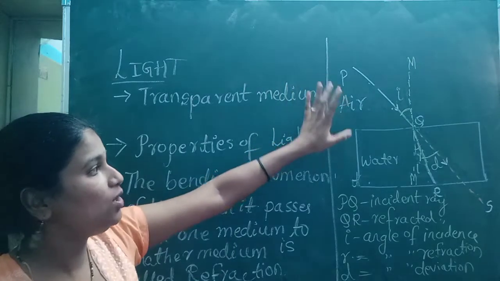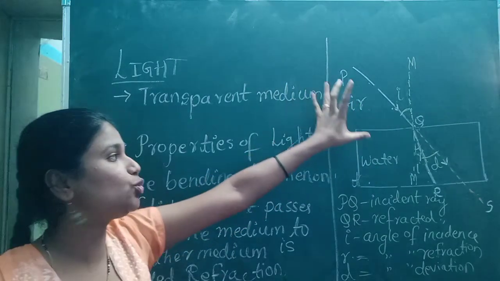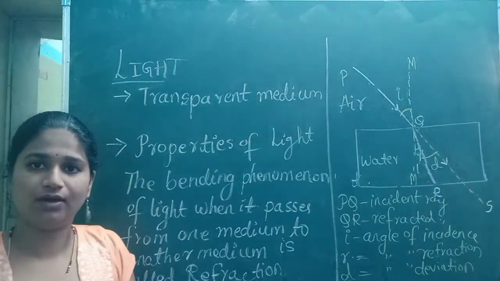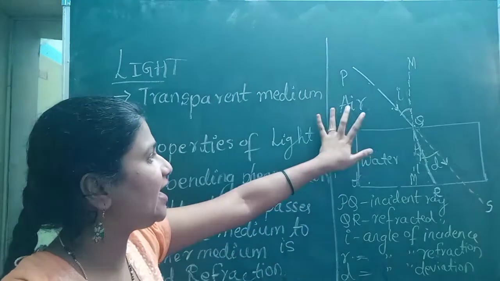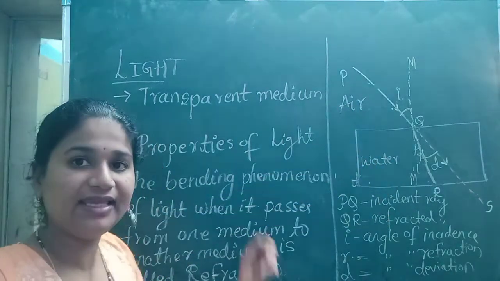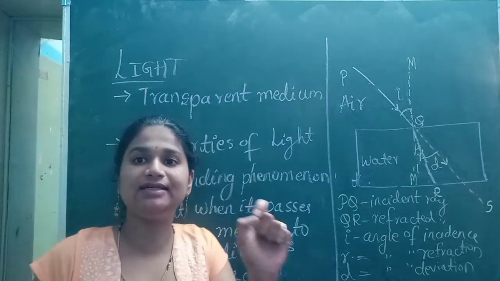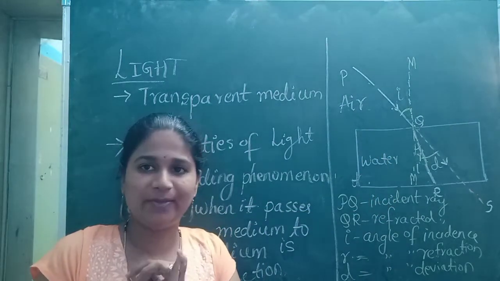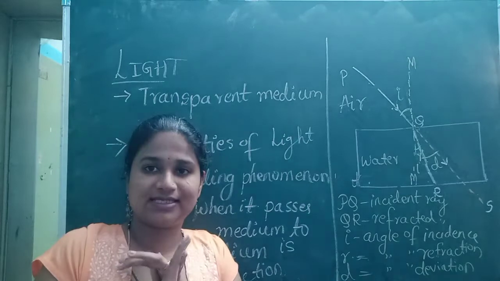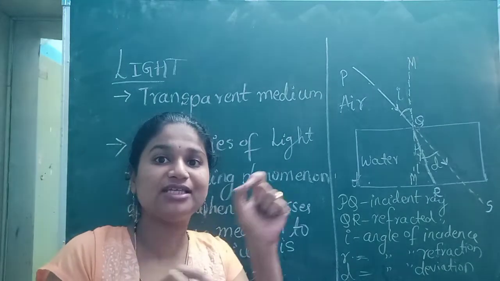So this is how refraction occurs with two transparent media. When I take air and water as two media, instead of water, if I take glass, see, water is a liquid medium, right? Glass is also a transparent medium, but it is solid.